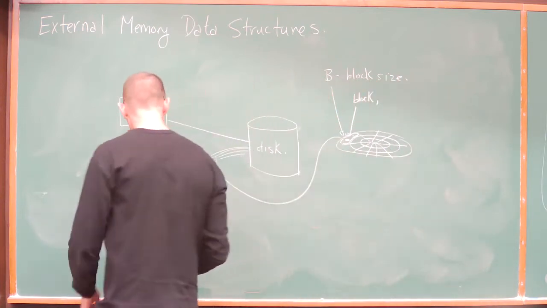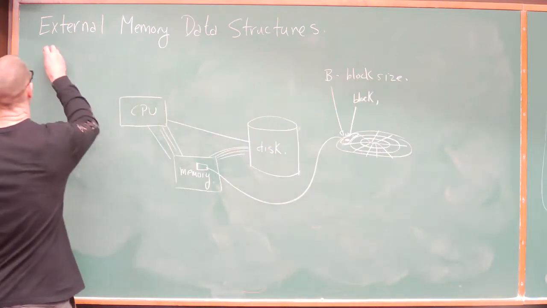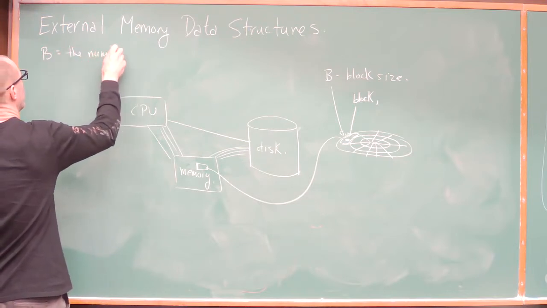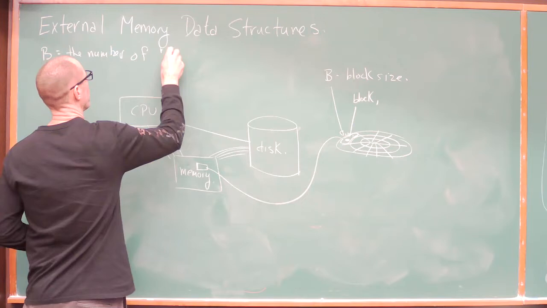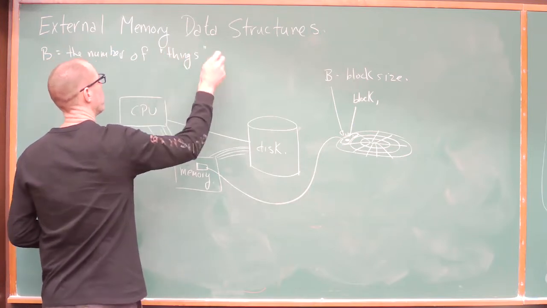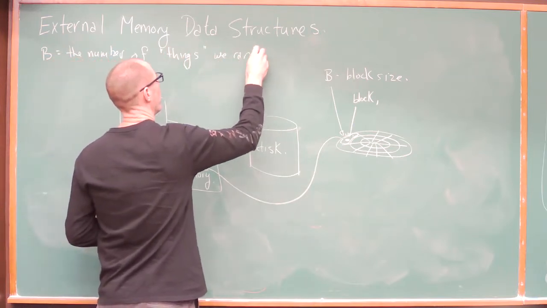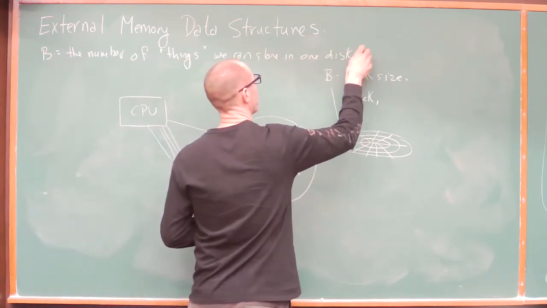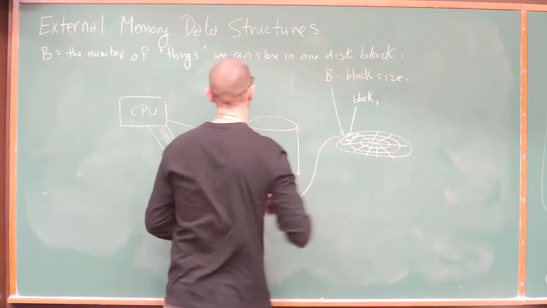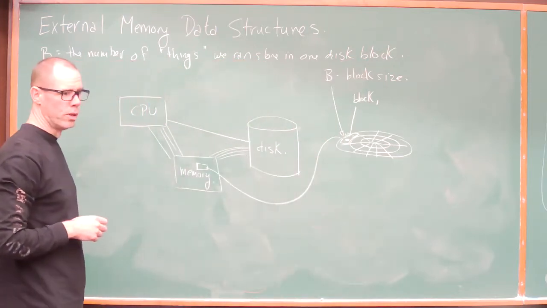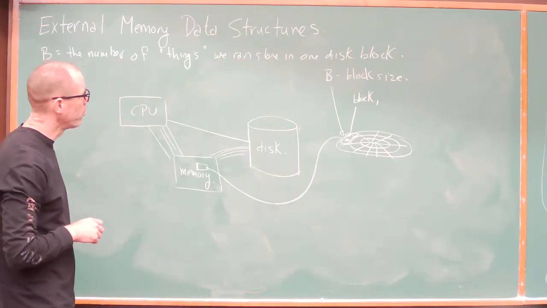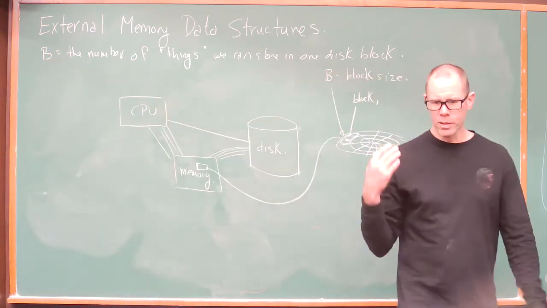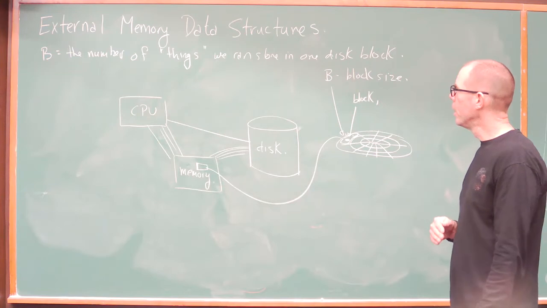So for us, B is going to be the number of, I'm going to put it in quotes, things we can store in one disk block. And we're going to look at the usual classic data structures problem, which is storing a sorted set so that you can add things, remove things, and find things.